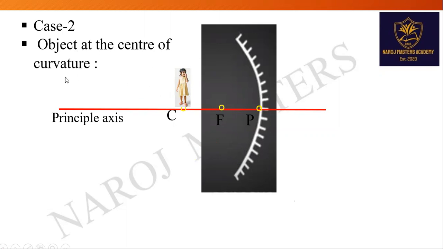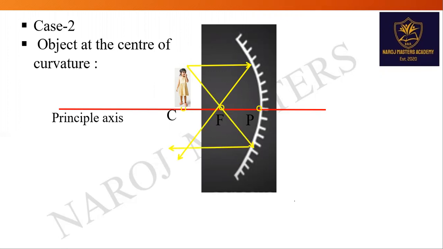Object at the center of curvature. What is the minimum requirement here to get the image of the object? We need to pass the light rays. I am passing a light ray which is parallel to the principal axis from the head of the object, so it gets reflected through the focus. And one more light ray, which is passing through the focus, gets reflected parallel to the principal axis.